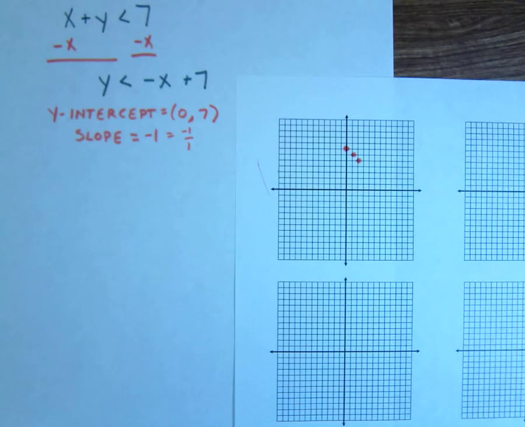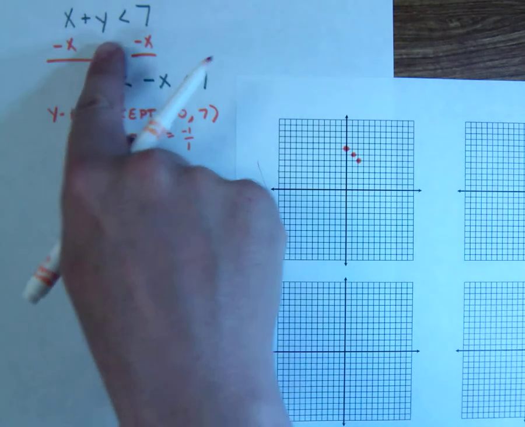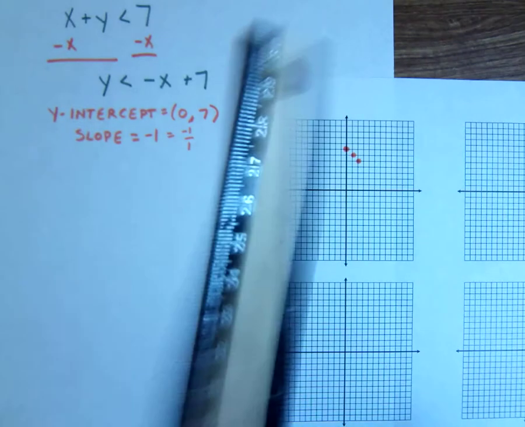Now here's the thing. When we did graphing on a number line, the way that we could tell the difference between a less than and a less than or equal to was by using a parenthesis or a bracket. Parenthesis for less than, bracket for less than or equal to. Here, it's a dotted line or a solid line. A dotted line is done for less than, a solid line is done for less than or equal to.